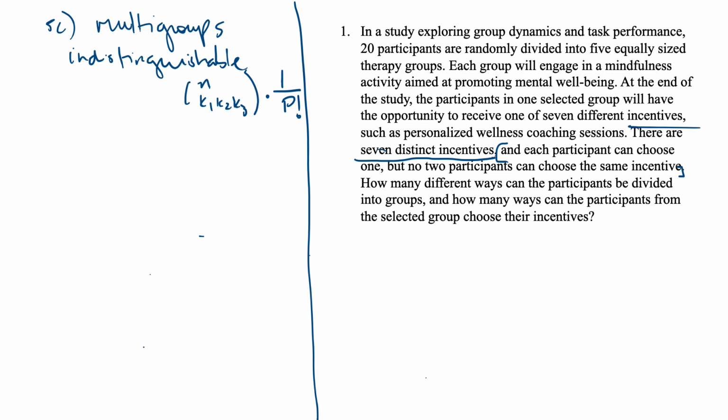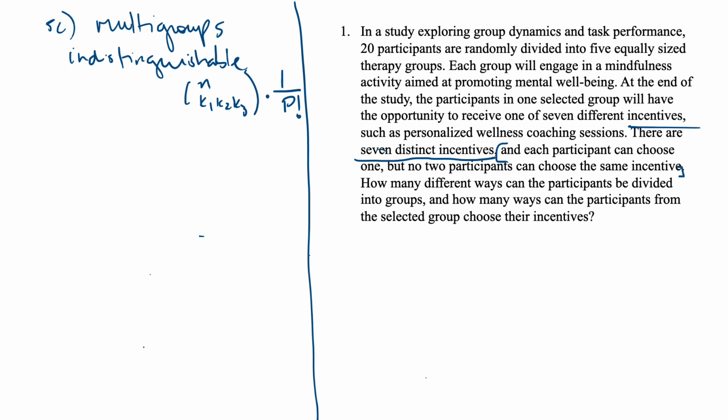Okay, so let's stop. I know what I'm talking about now because I broke the problem into tasks. First of all, I have to take these 20 people and divide them into 5 different groups. One of these groups is the star group.